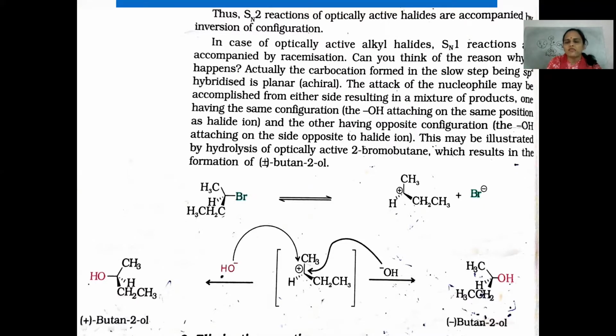It can attack from the left side, and it can also attack from the right side. Since the nucleophile can attack from both sides, that is front attack as well as back attack, it results in the formation of butan-2-ol plus and minus isomers. That's why the SN1 mechanism proceeds via racemization.